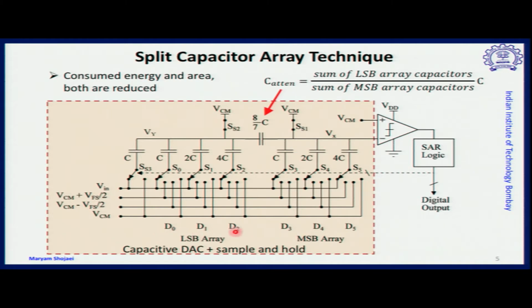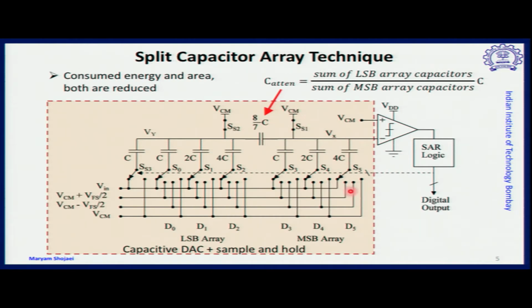Here the division is equal, in the sense that there are 3 bits for the LSB array and 3 bits for the MSB array. And then the capacitor, shown with the value of 8/7 C, bridges these two arrays together. And because we have two capacitive arrays, we should have two switches for the initialization.